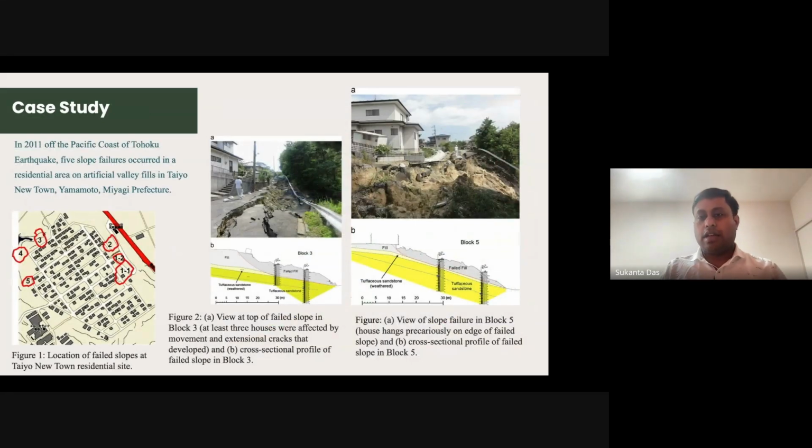Now I'll definitely discuss some of the studies in Japan. In 2021, the Pacific Coast of Tohoku earthquake, commonly famous as the 2011 Tohoku earthquake, caused devastating damage in the coastal area as well as some of the other prefectures.